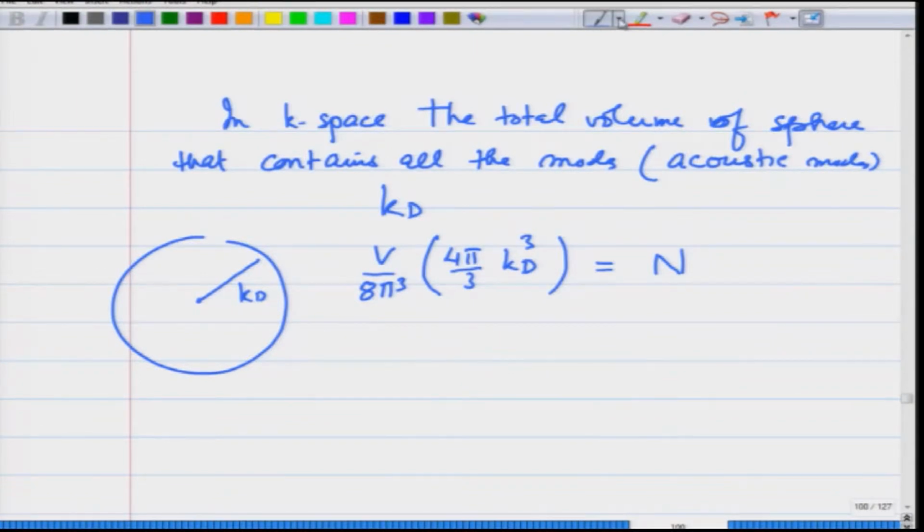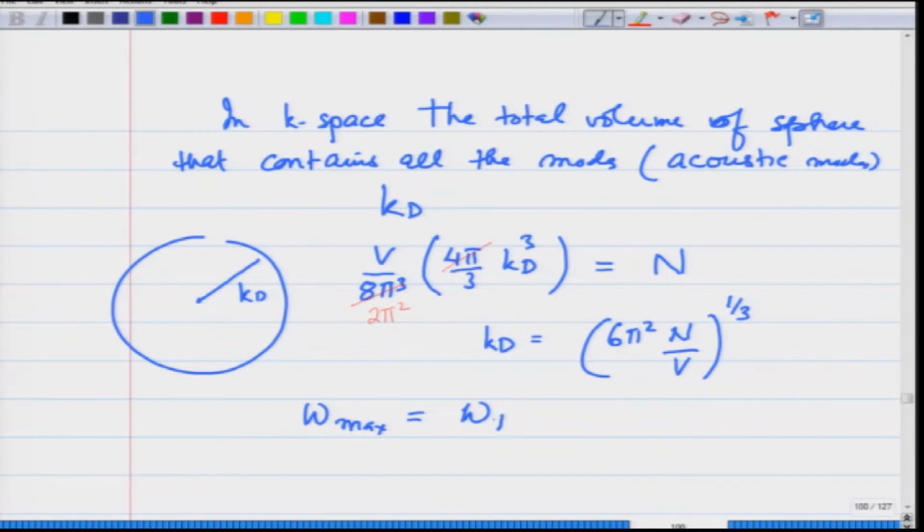Let us do some cancellations. This gives me 2π squared, and therefore k_D comes out to be 6π² N over V raised to 1/3. That is for one of the modes. And correspondingly, I would also have ω maximum, which I will call ω Debye. That is what this D stands for, which will be equal to v_s k_D, up to which all the modes will be exhausted.